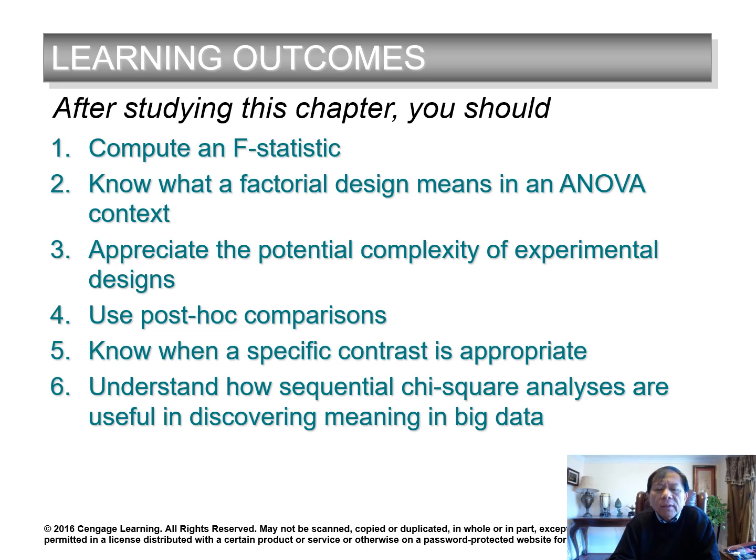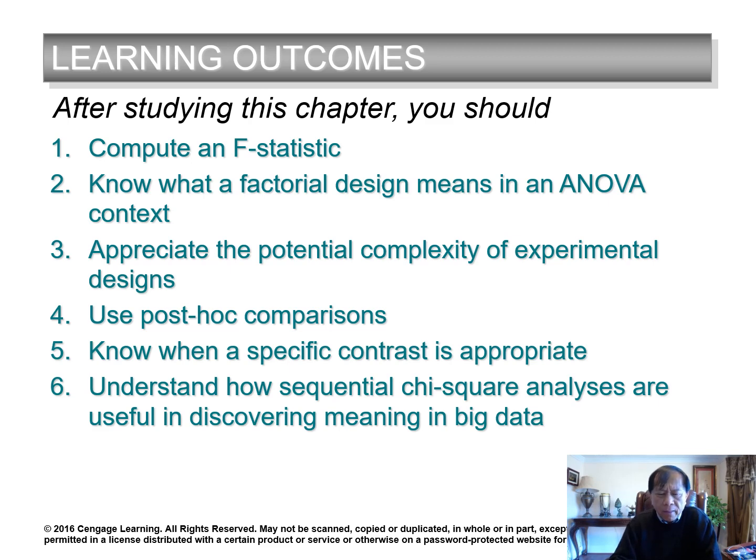In this chapter, let's talk more about the F statistics and the factorial design in ANOVA, and the potential complexity of experimental design, post hoc comparisons and specific contrast when it's appropriate, and sequential chi-square analysis as a useful tool in discovering meaning in big data, decision trees.